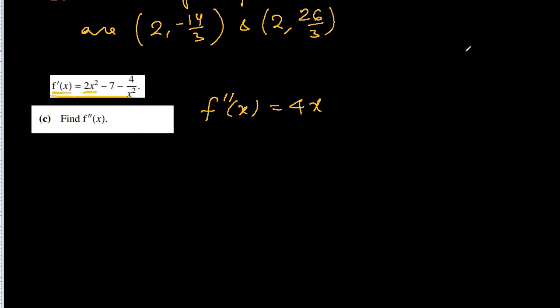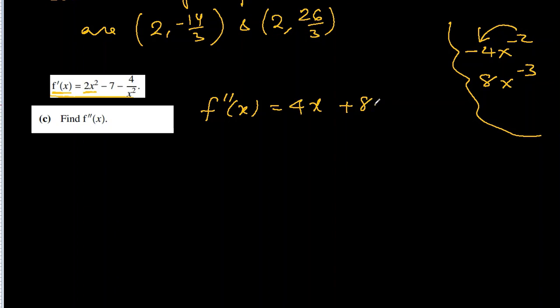And the derivative of minus 4x to the power minus 2, that's what I can write this 4 over x squared as. So minus 2 multiplies with minus 4 to become positive 8, and the power goes down by 1, which is minus 3. So it will be plus 8x to the power minus 3. If you want to write it with a positive power, 4x plus 8 over x cubed.